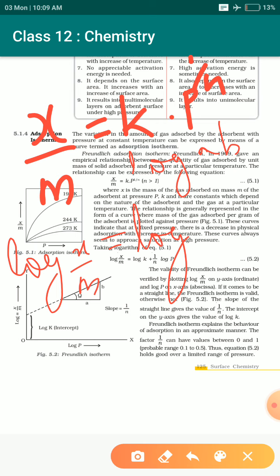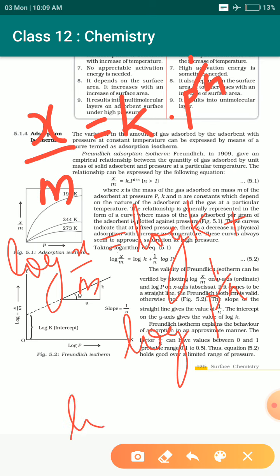So how will you write log a into b? You will write log a into b as log a plus log b, right? So you will write it the same way here also, log k plus log p to the power 1 by n. So what is log a to the power m?